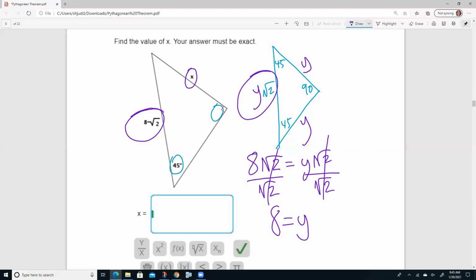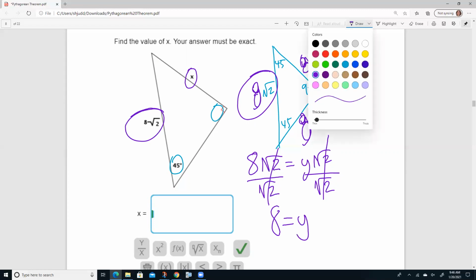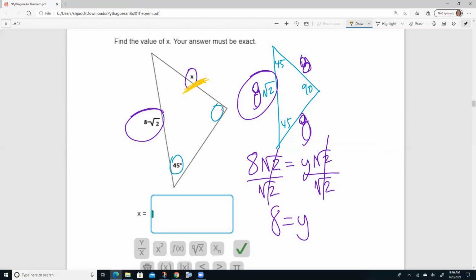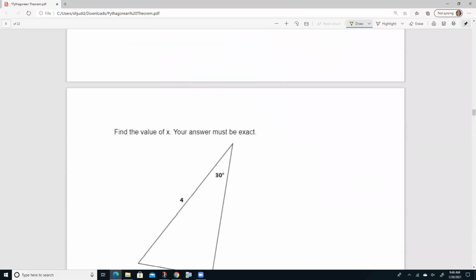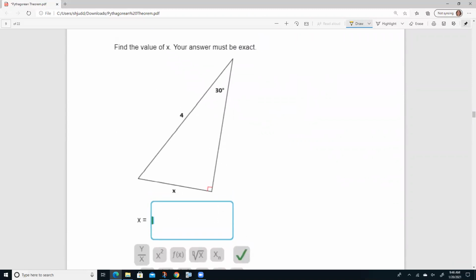So if I plug that in on this triangle, this is an 8, this is an 8, this is an 8. Okay, now what coordinates? This side and this side. So x is equal to 8. Okay, let's try doing that in a different way on this problem.